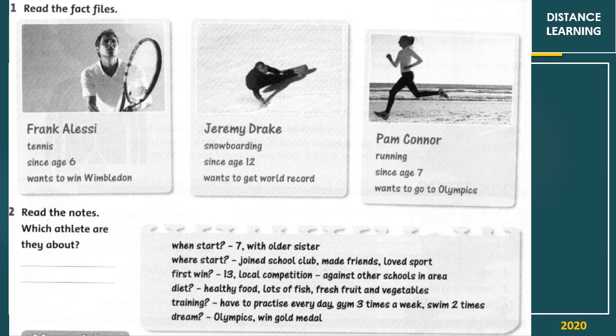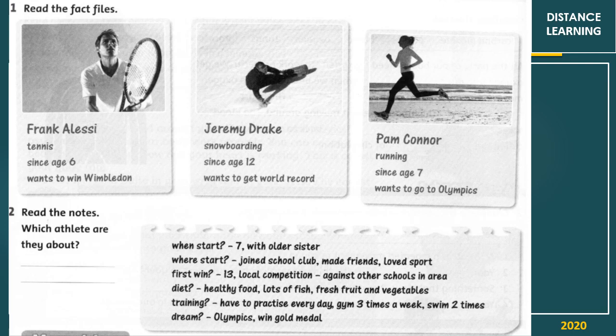Where start? Joined school club. Made friends. Loved sport. How about first win? 13. She was 13. So local competition against other schools in area. Okay. So diet, healthy food, lots of fish, fresh fruit, all that. So the more you read, the more you know which athlete they are talking about in this note.